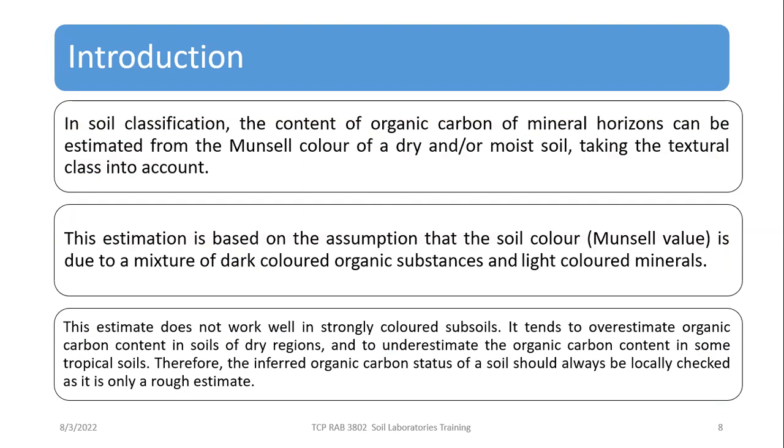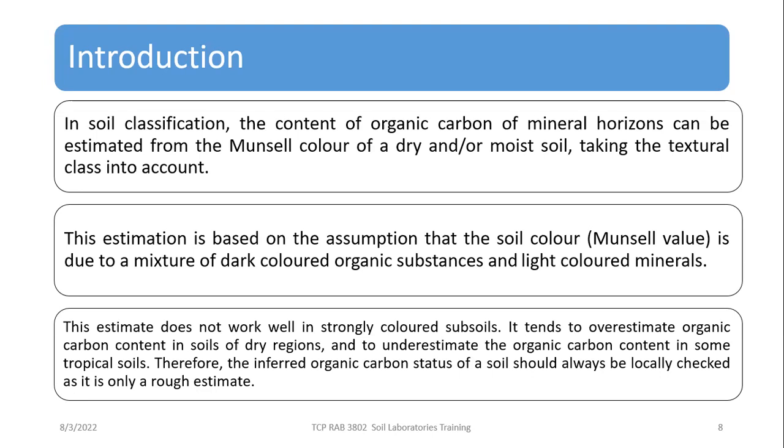Normally, soils are classified into two broad categories: organic soils and inorganic soils, and inorganic soils are normally called mineral soils. So the amount of organic carbon in a mineral horizon can be estimated from the Munsell color.